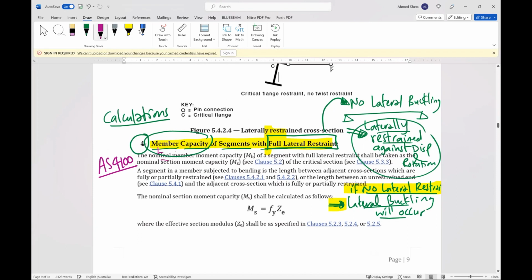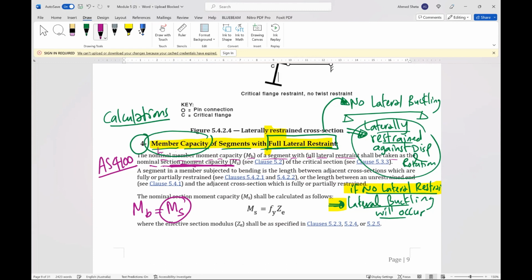the nominal member capacity of a segment shall be taken as the nominal section capacity Ms. So Mb, the member capacity, equals Ms, the section capacity, for members with full lateral restraint. This is what we learned last week in the flexure design, or bending moment design, for beams.